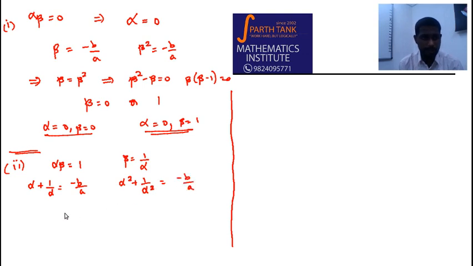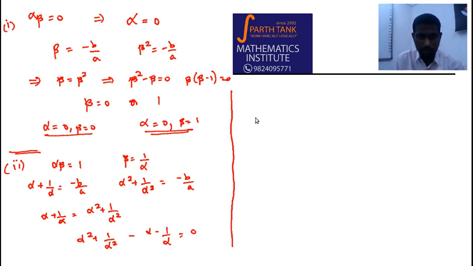Right? So what does this become? This becomes alpha plus 1 by alpha is equal to alpha squared plus 1 by alpha squared. Therefore, alpha squared plus 1 by alpha squared minus alpha minus 1 by alpha is 0.